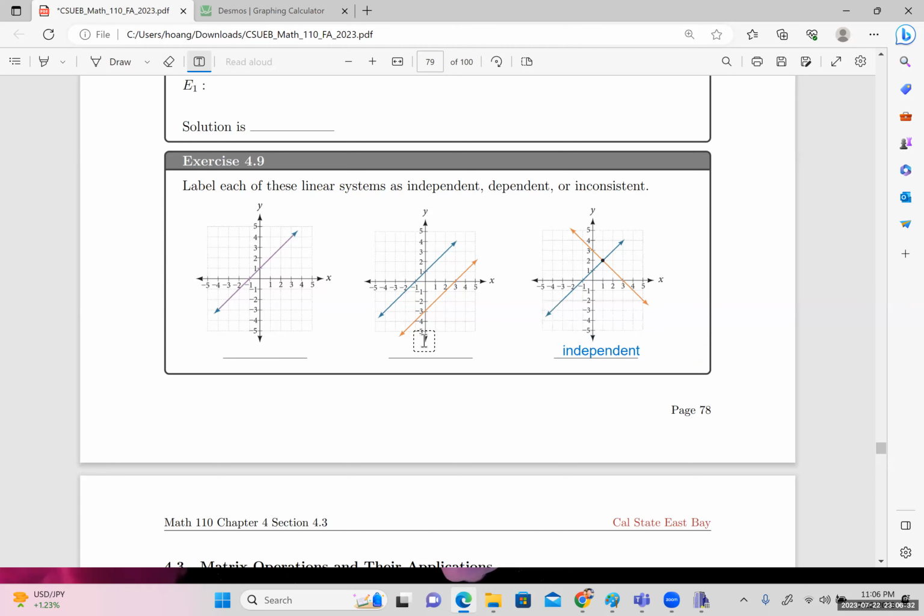And you know the one that's parallel will be inconsistent. And the last one has overlap, so it's going to be dependent.